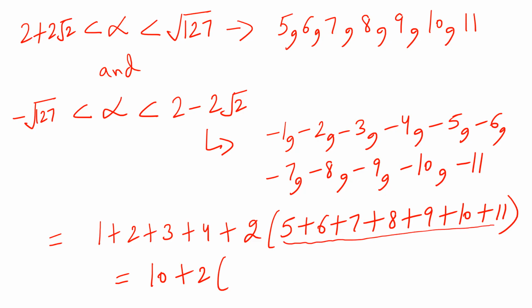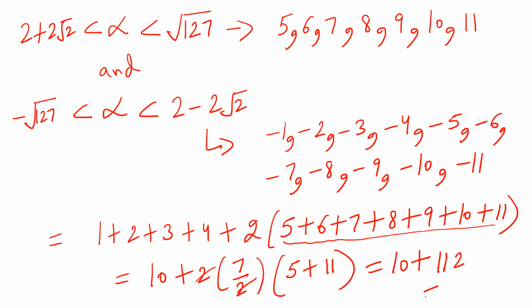These are 7 values. So just apply the formula of AP: 2 into 7 by 2 into (5 + 11). So this becomes 10 + 16 into 7, that is 112. So finally this is equal to 122.